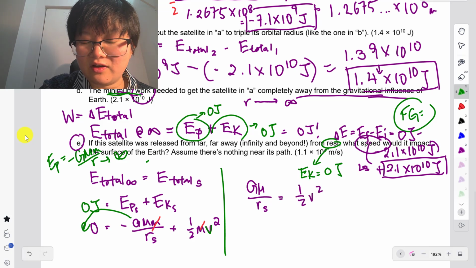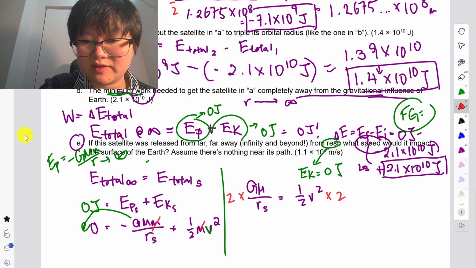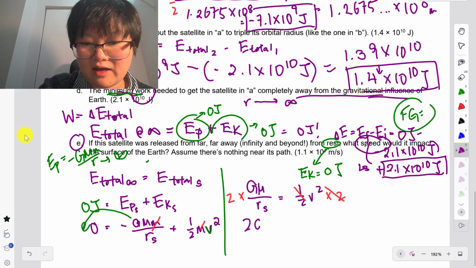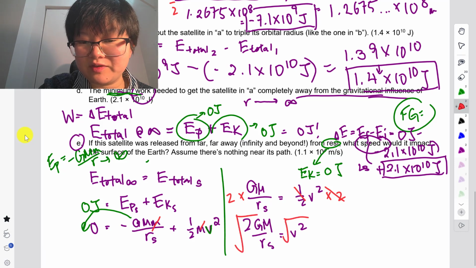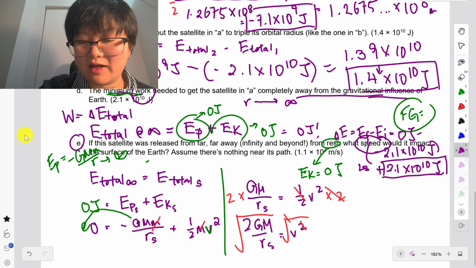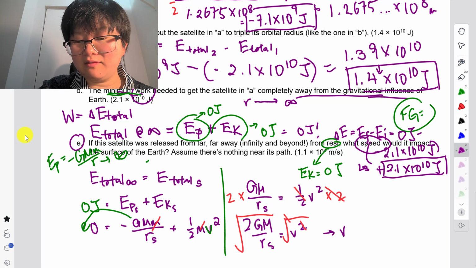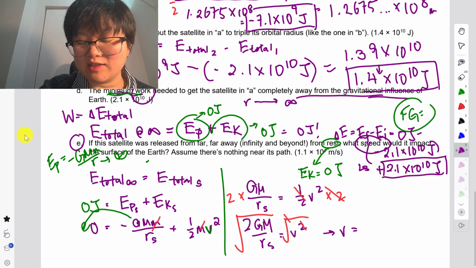And if I solve for v by multiplying both sides by 2, then I'm going to have to square root both sides. This is kind of looking like the v escape, the escape velocity. It's almost like the opposite of escape velocity because you're crash landing back in a sense.